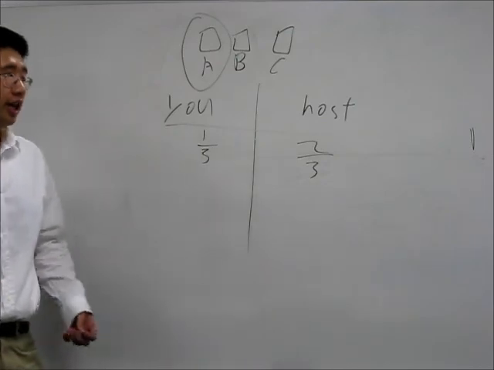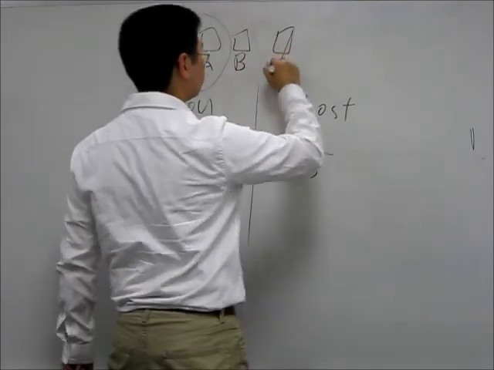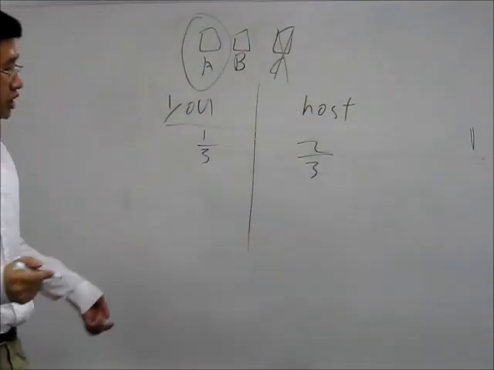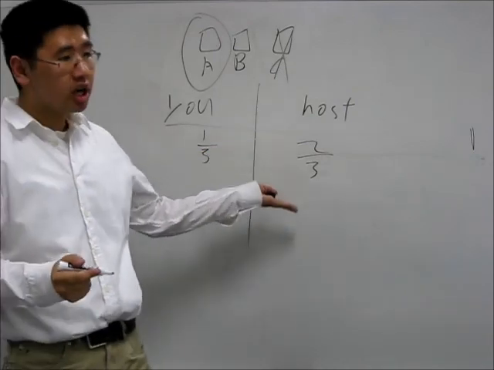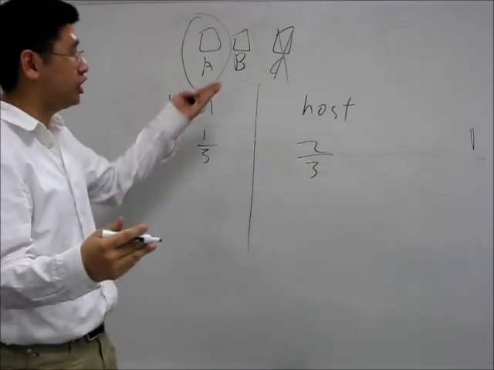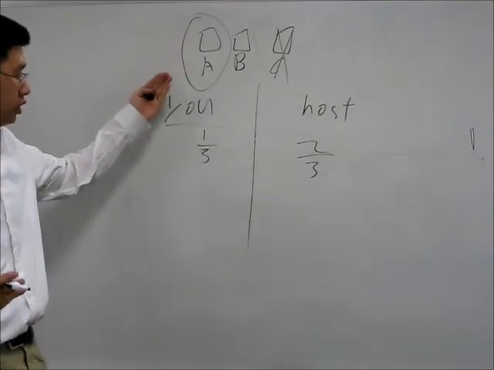Now, say the host takes one away. The host still has a 2/3 chance of having the car, even though he took one of the doors away. Well, you still only have 1/3.